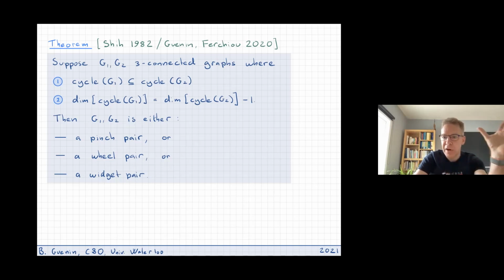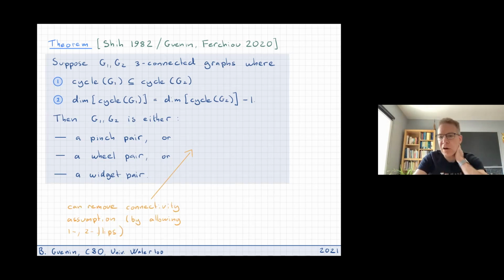So obtained by identifying two vertices, or this wheel type construction, or the last construction, which we just call a widget pair, right? Now, we have this condition that the graphs have to be 3-connected, but you don't really need it. But then the statement becomes a little uglier, but you can just allow one flips and two flips.